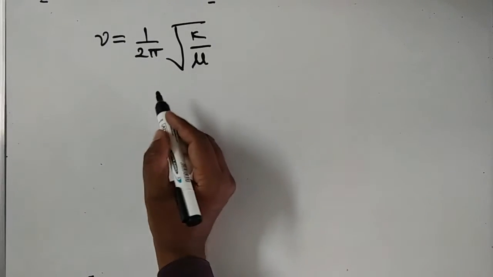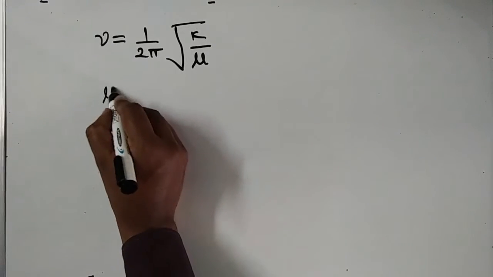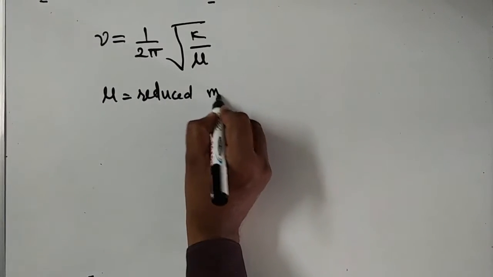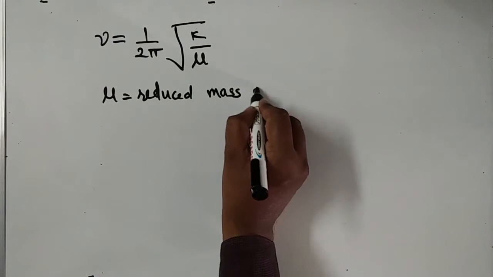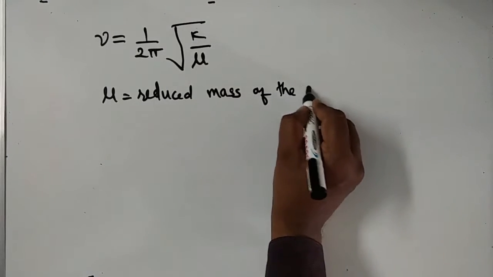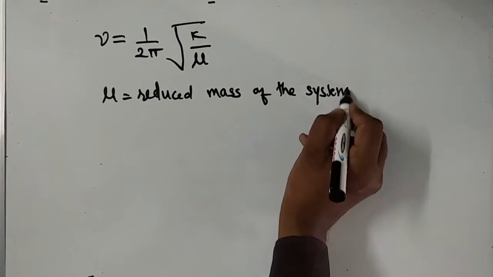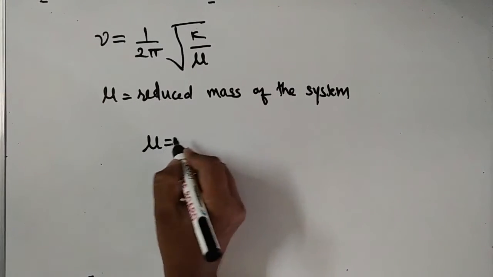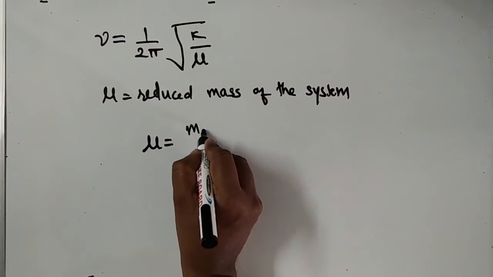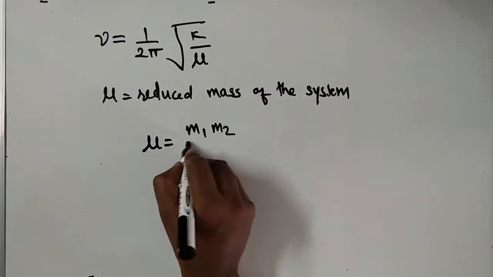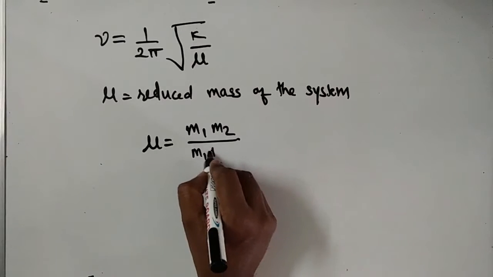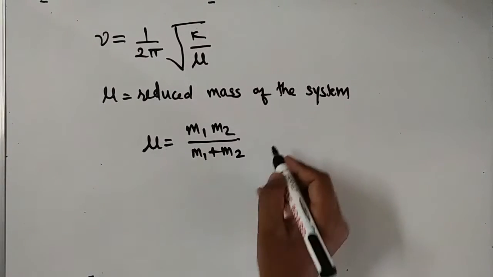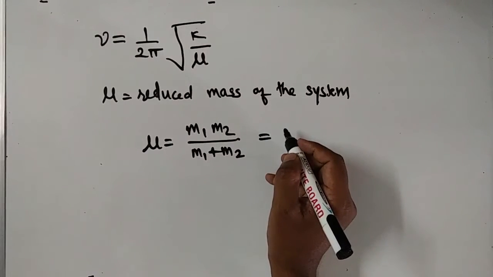So let us first calculate the reduced mass, right? So mu is the reduced mass of the system. Reduced mass is given by the formula mu is equal to m1 into m2 upon m1 plus m2, right? So M1 and M2 are the two masses which are given, so we can put the values.